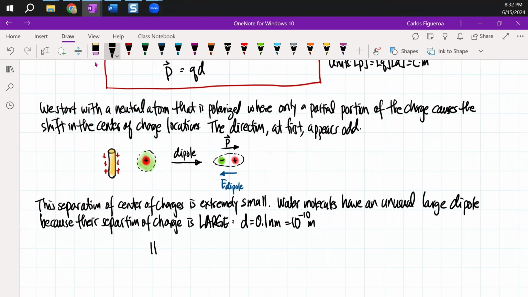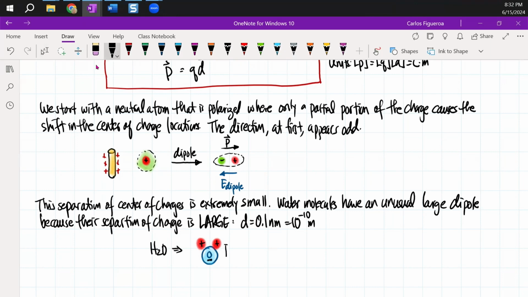So if I'm looking at H2O, if I have a water molecule, I'm going to say that this is oxygen. Okay, so this is my oxygen atom, and then I have my two hydrogens right here. The two hydrogens, which are neutral, have a shift between them, and then there's the negative.